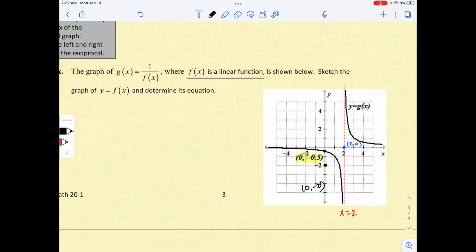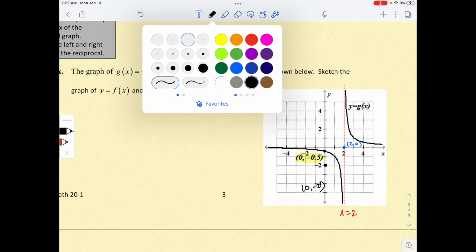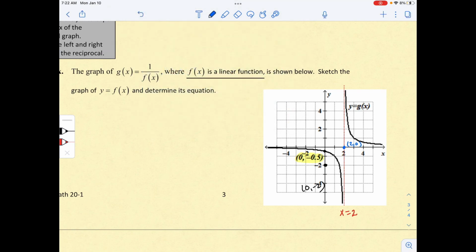So I can just draw a line right through those two points, and that would have been my original function f of x. The question also asks for the equation. We can see that at (0, -2), our b value is -2.